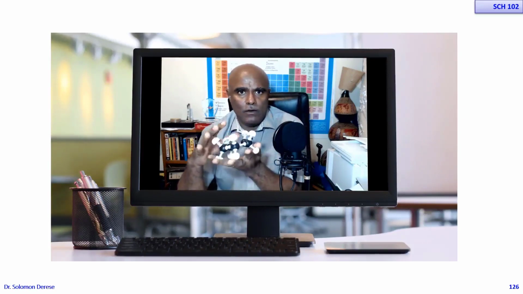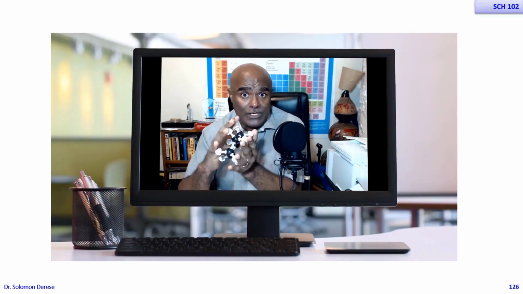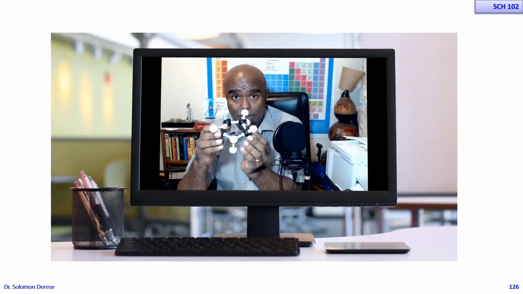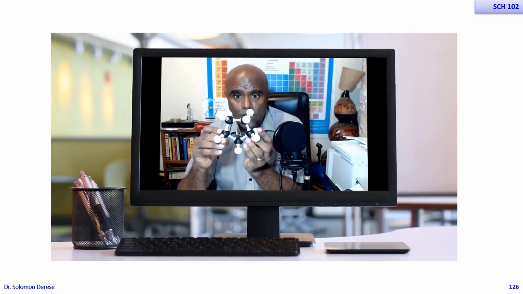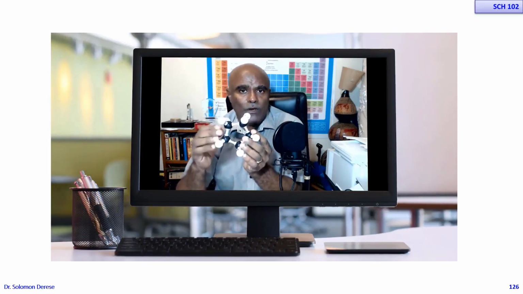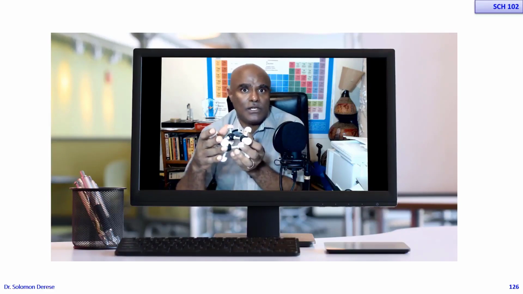As a result, there is a lot of torsional strain. All the 10 hydrogens are under torsional strain. That will make this planar conformer of cyclopentane very unstable, despite the fact that its bond angle is closer to the ideal 109.5 degrees. It is very, very unstable as a result of torsional strain.